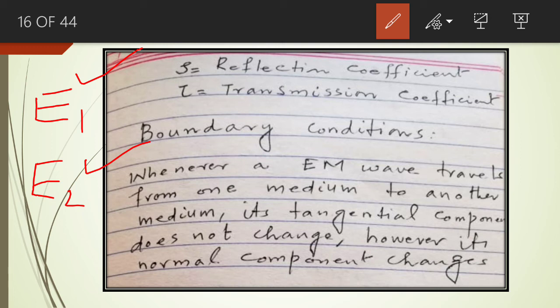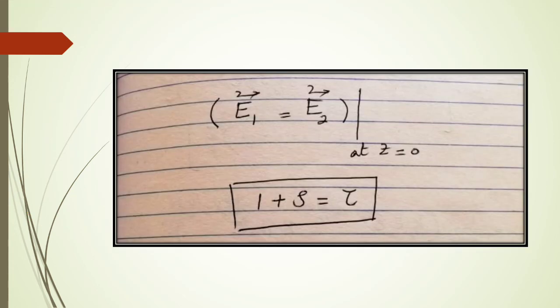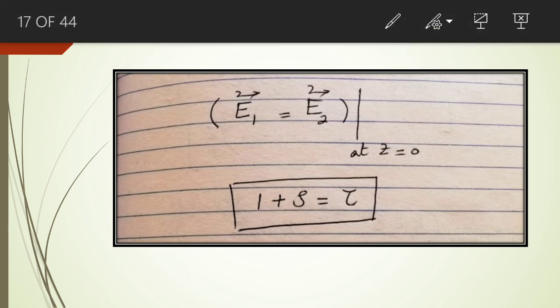So this boundary condition states that the tangential component of E1 in medium number 1 will be equal to the tangential component of E2 in medium number 2, and we already know that E1 is entirely tangential to the interface and E2 is entirely tangential to the interface as well.